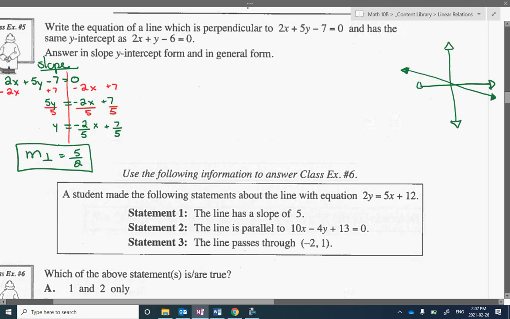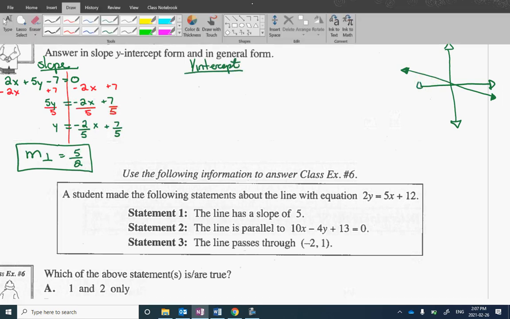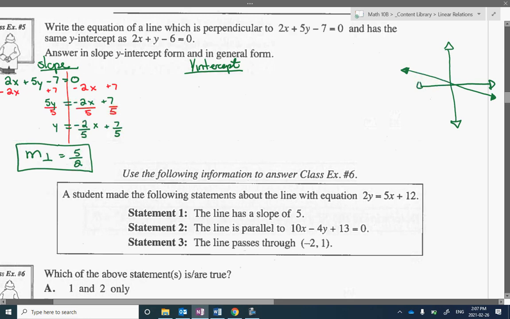Second equation, we're getting our y-intercept here. So we have 2x plus y minus 6 equals 0. I'm going to isolate for y, cancel out those x's by subtracting 2x from both sides and then adding 6 to both sides.